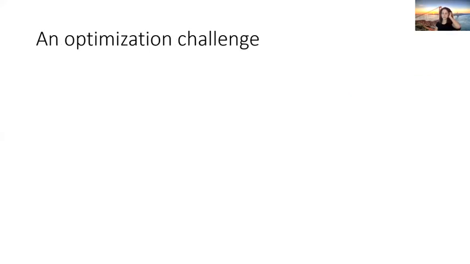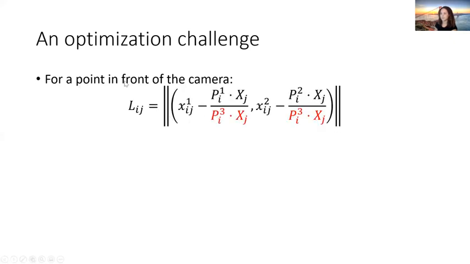And now I wanted to say a couple of short things that maybe could be useful to someone, in general, not specific to our problem, but things that we've encountered. We had an optimization challenge where if a point is in front of the camera, even if the depth is positive, it could be quite small.